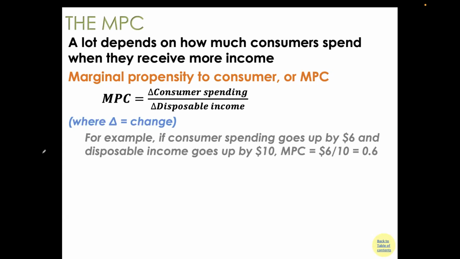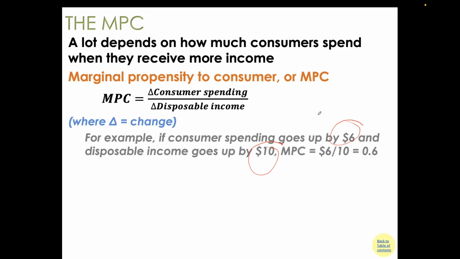If your income increased by $10 and you spend $6 out of this 10, then your marginal propensity to consume, MPC, equals 6 divided by 10, equals 0.6. This goes to the example I had earlier. You have 1 billion spending, becomes 1 billion income. You spend a fraction, 0.6, meaning 600 million, and so on and so forth.